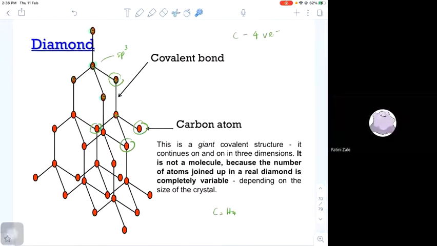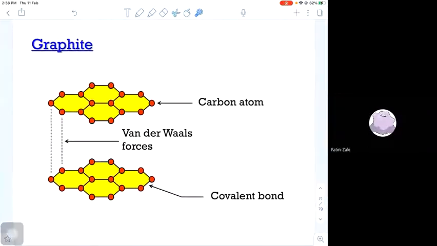And then the second example for the network covalent solid is graphite. Graphite is an allotrope of carbon. It is the same as the diamond just now, in which each particle here is actually carbon, but one carbon forms bonds with 3 neighbor carbons.